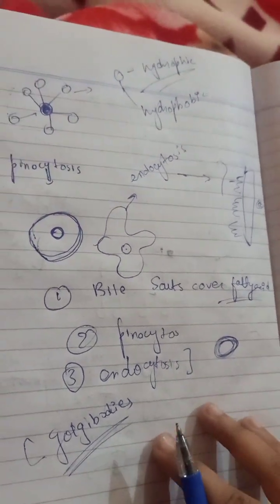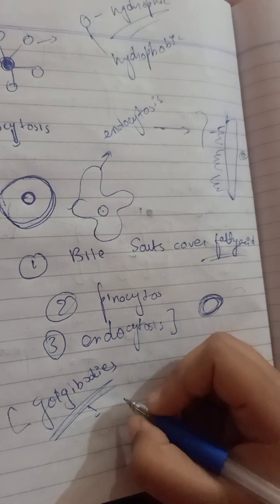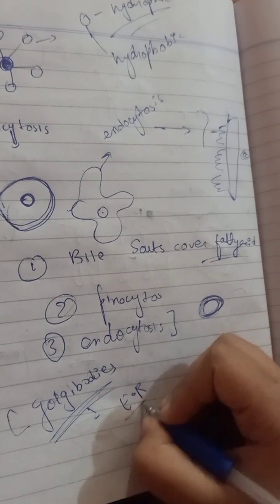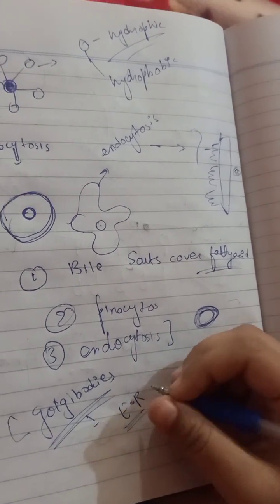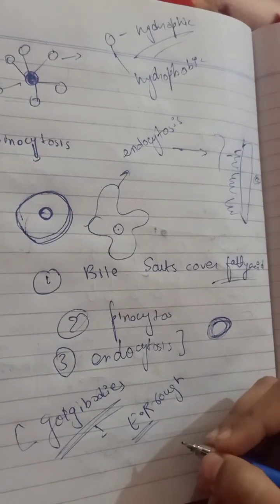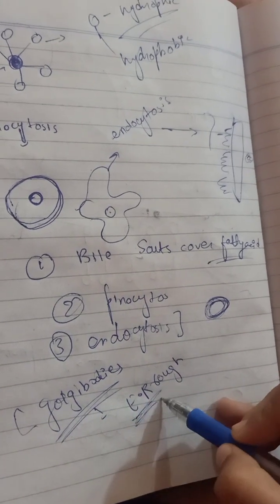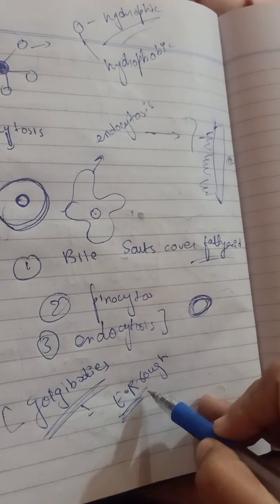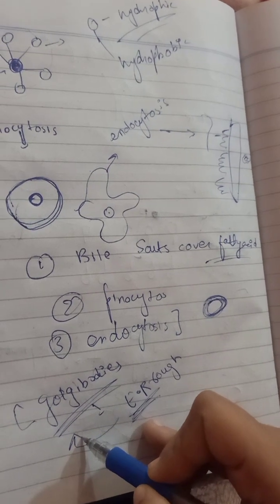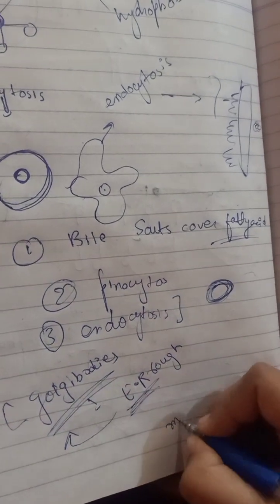Inside the cell, on the upper side of the Golgi body, we have the rough endoplasmic reticulum. Protein comes from the ER and then moves to the Golgi body, and the Golgi body does the covering of the protein. That covering is called modification.